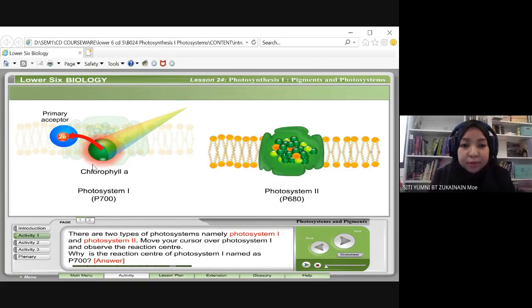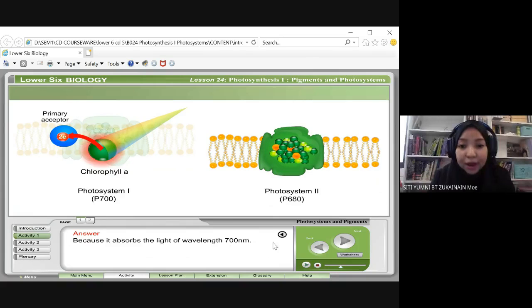What you can observe at photosystem 1: why is the reaction center of photosystem 1 named P700? You already observed that light of wavelength 700 nanometers strikes the pigments, and the pigments absorb this light of wavelength 700 nanometers.